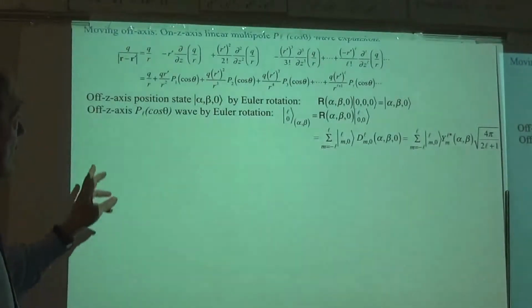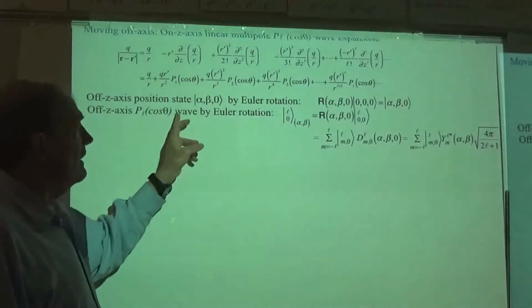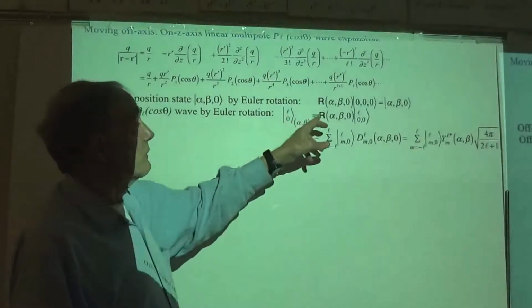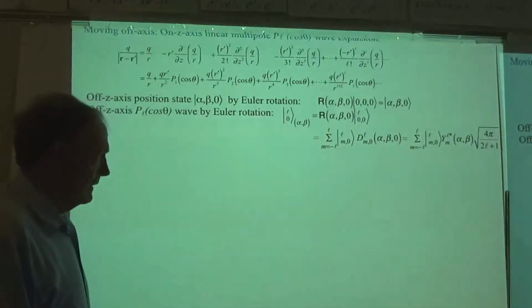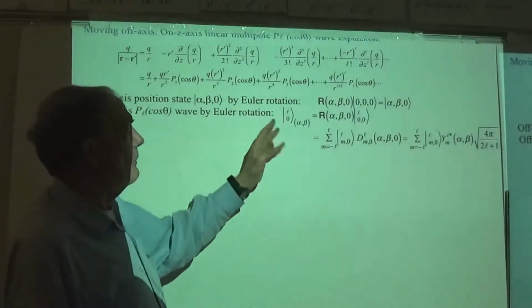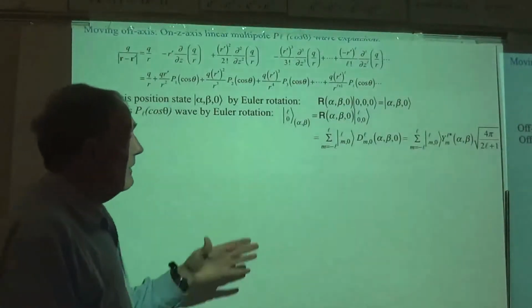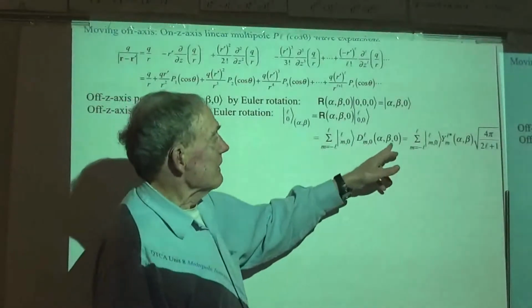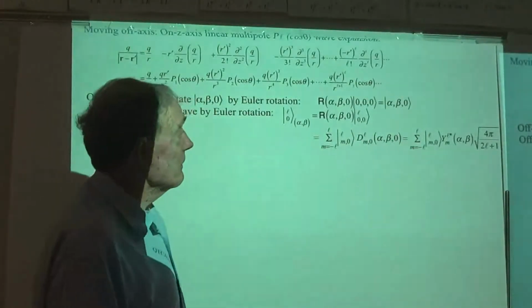Okay, so the off z-axis Legendre polynomial wave has just had a Euler rotation, 2/3 of it anyway, applied to it to give us a multipole that's pointing in some direction. Okay, and that means it has a wave function described by the rotation matrix alpha beta 0.